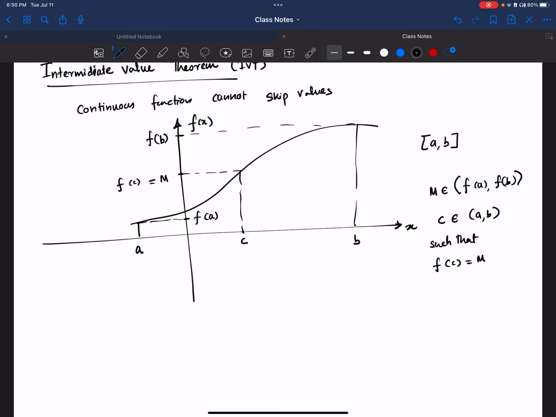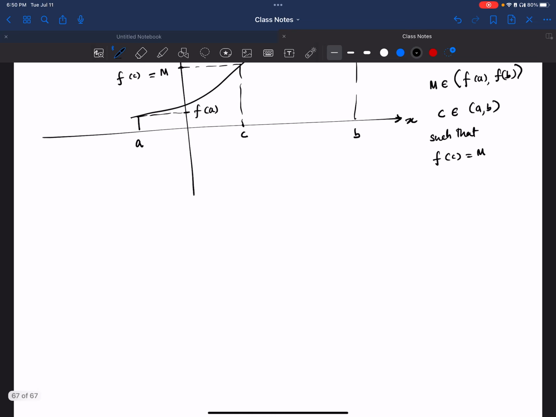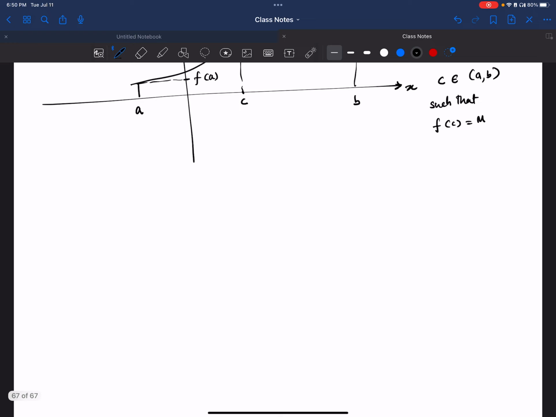It's very simple. Now the theorem can be explained by the diagram, right?